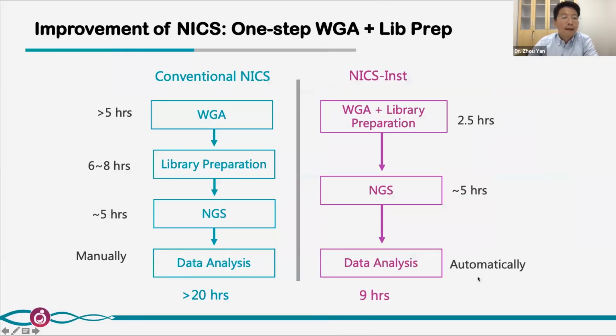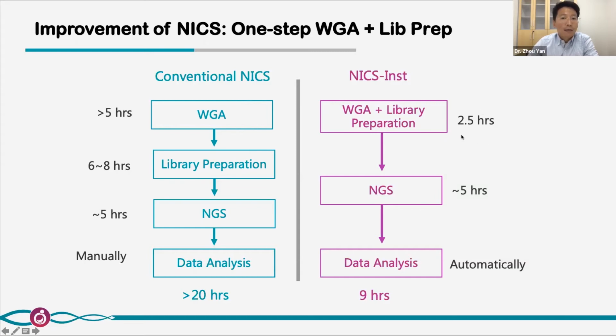And further down the line, we have an improvement of our library preparation and whole genome amplification strategies. For the conventional first generation NIPT, we performed the whole genome amplification, and then on top of that did the library preparation. But now we have merged those two steps into a single reaction within 2.5 hours.